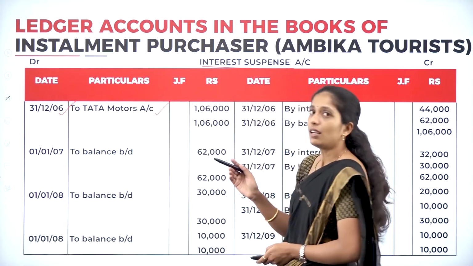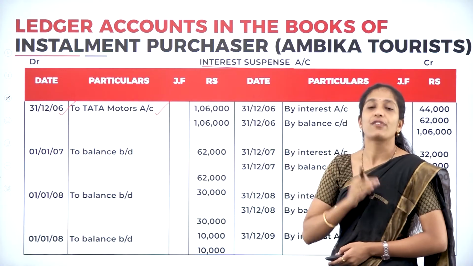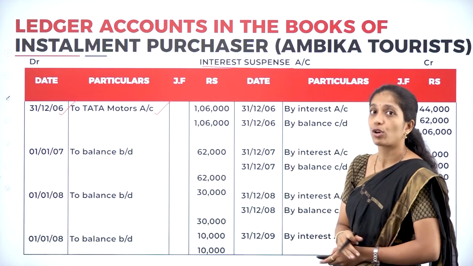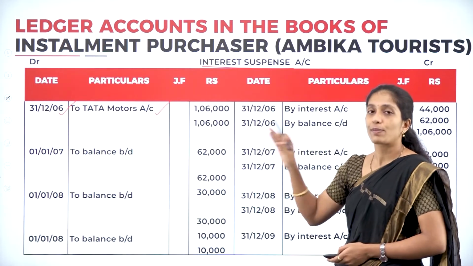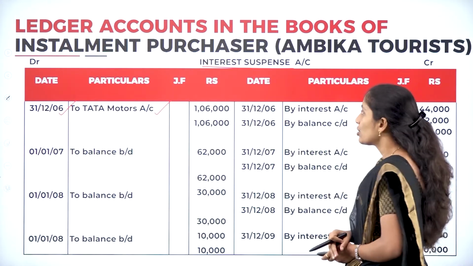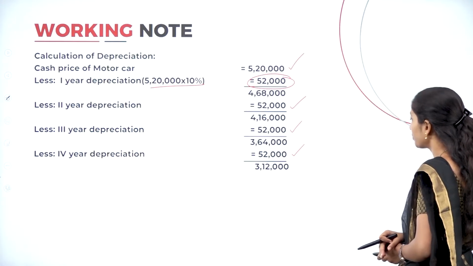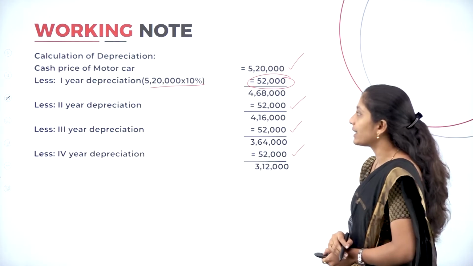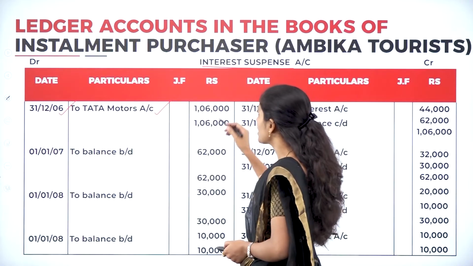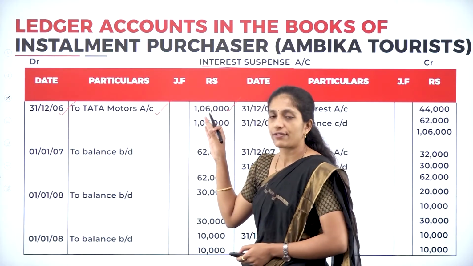So what is the amount that has to be transferred to the interest suspense account? I have told you the total interest of all 4 years has to be transferred to the interest suspense account. So how much have we transferred? That is 1,06,000. The total of all interest is 1,06,000. So first transfer that.